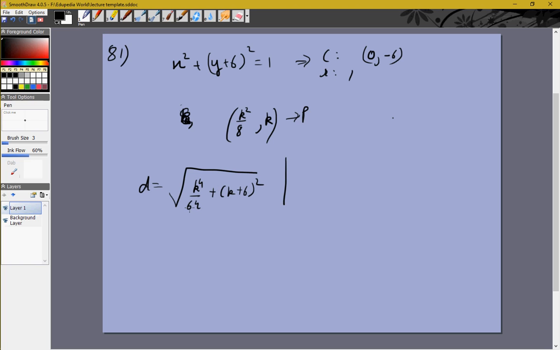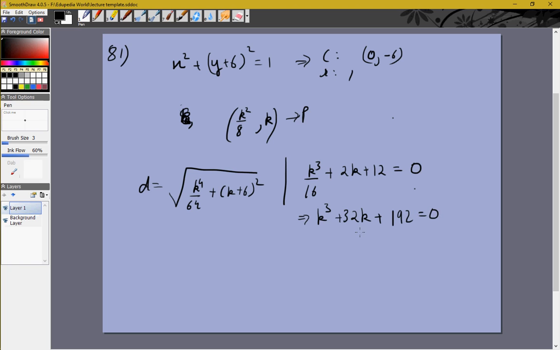So 4 by 64 will be 16. So k cubed by 16 plus 2 times (k plus 6), that is 2k plus 12. This has to be equal to 0, which means k cubed plus 32k plus 16 times 12, which is 192, is equal to 0.